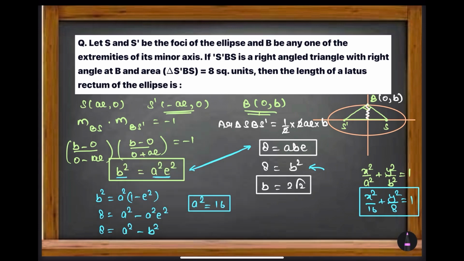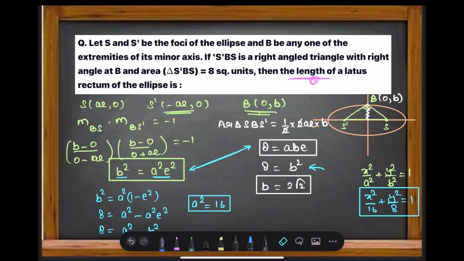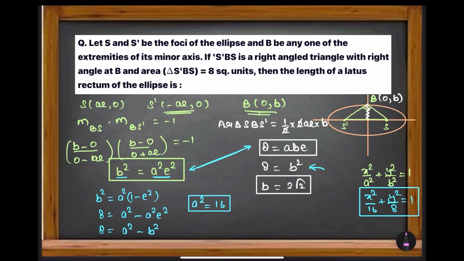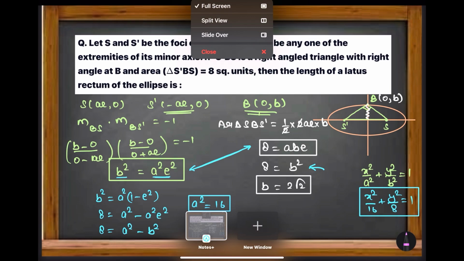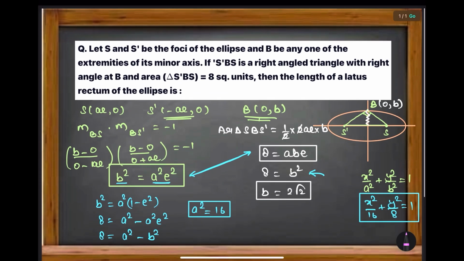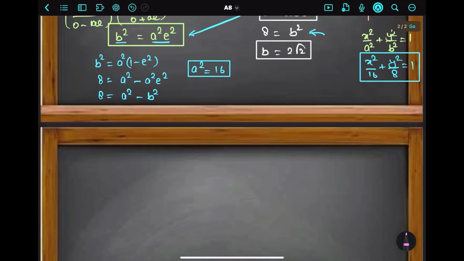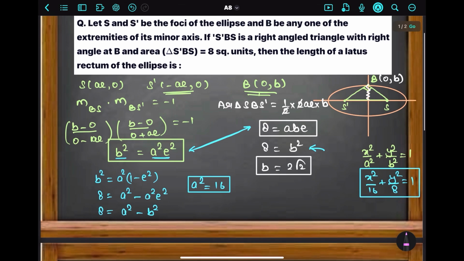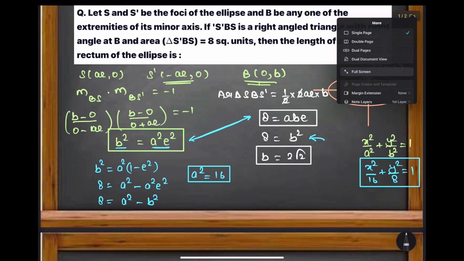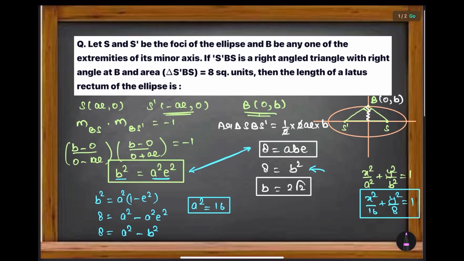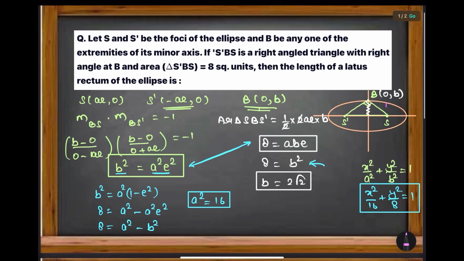Now what is the required thing? The required thing is the length of the latus rectum. You know that it is a chord perpendicular to the axis passing through the focus.